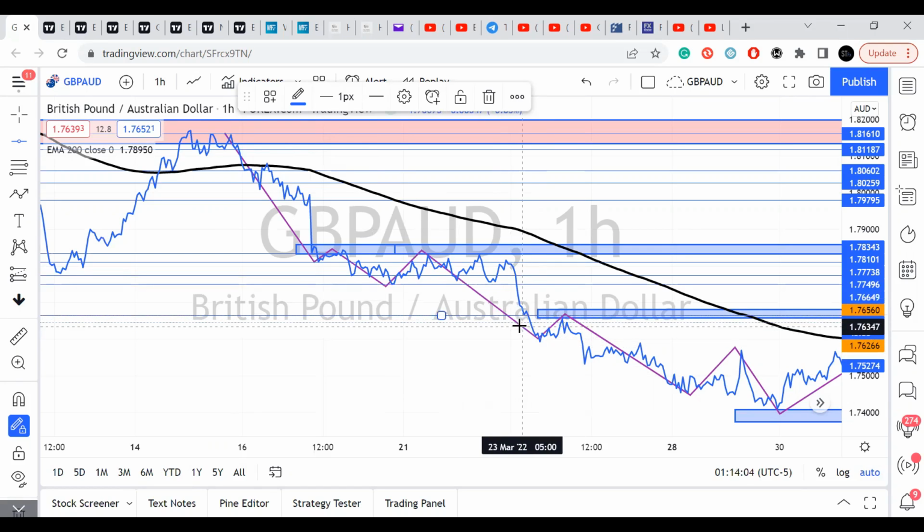So price is here now. This buy is coming to align here. So this TP is going to be here. Then I'm expecting a sell from around here. See that?